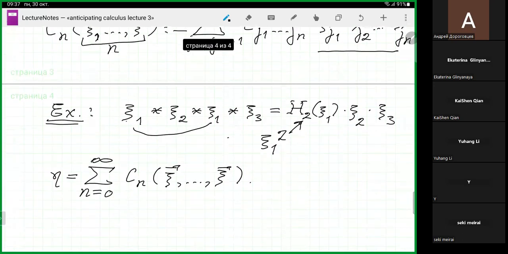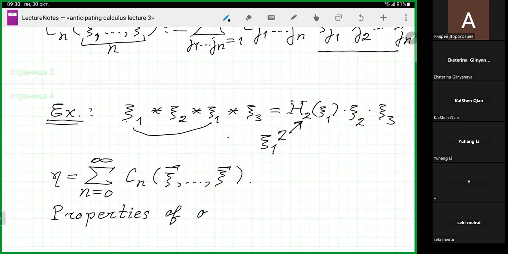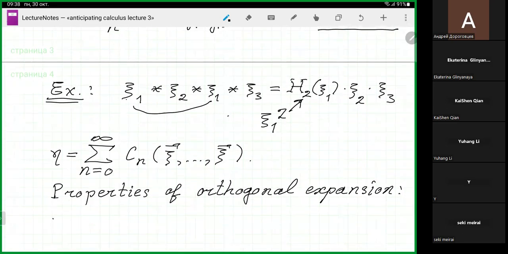Moreover, now one can check the following properties. The first one: expectation of eta is equal to C0. This is just a number.